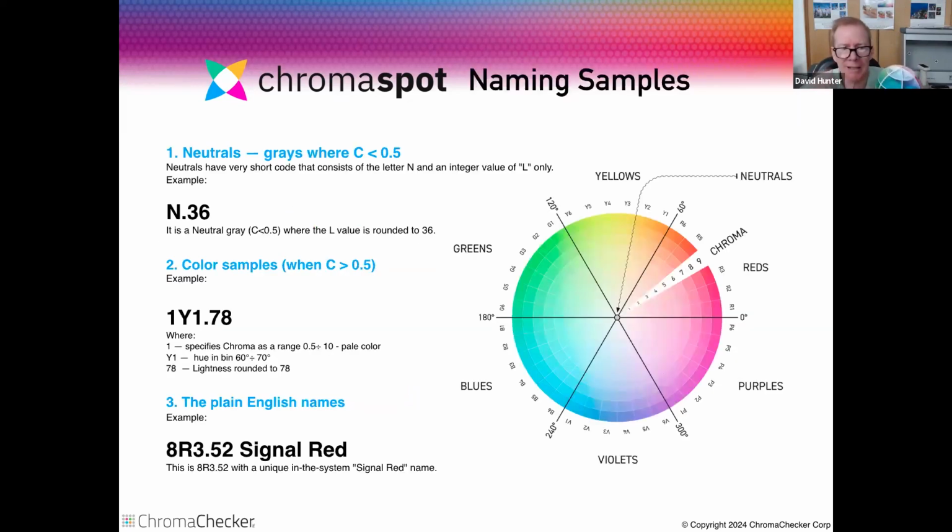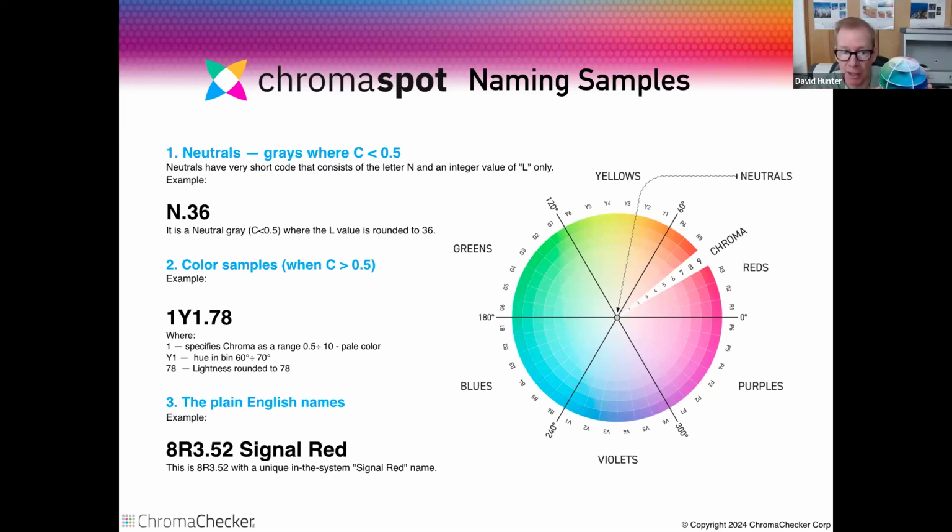So if we apply this to some actual colors: if it's a gray neutral, where the chroma is less than 0.5, then we name it with an N for neutral, and N36 would be an L star of 36, so a darker gray.